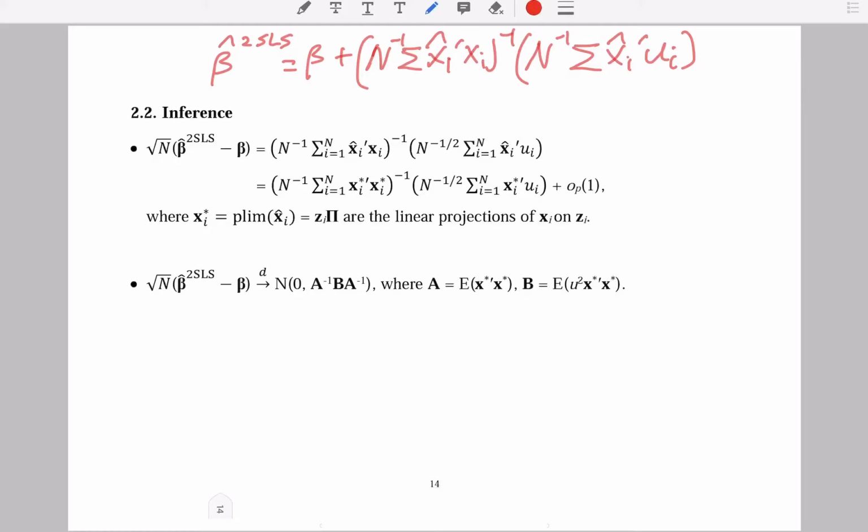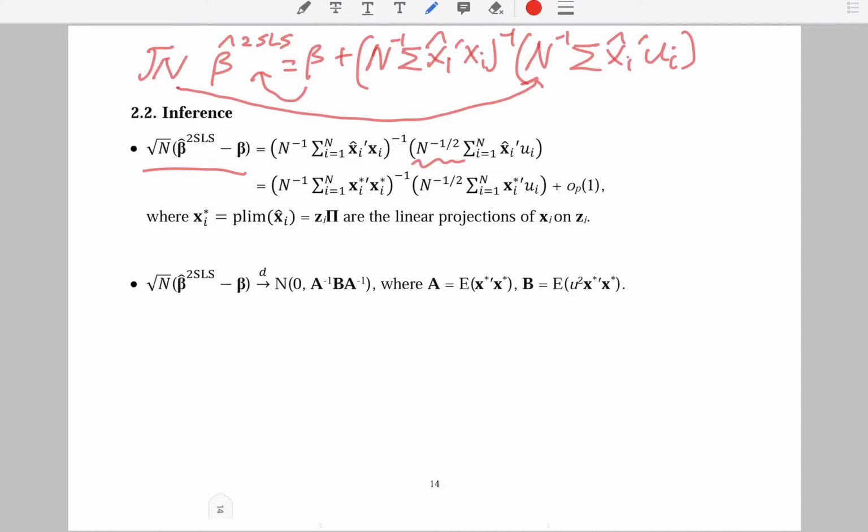This is the bias formula for the two-stage least squares estimator, and we just move beta to the left side. Then we multiply by the square root of n, and we put the square root of n here to combine with the n inverse, so we have n to the power of negative half.